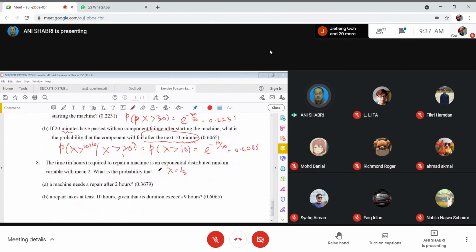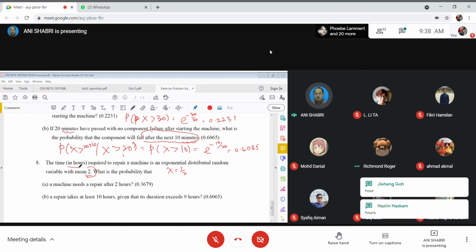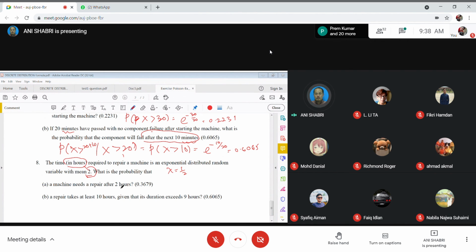What is the probability that the machine needs a repair after 2 hours? 2 hours. What is the unit? In hours. Make sure the unit is the same. This one is hours, this one is hours.